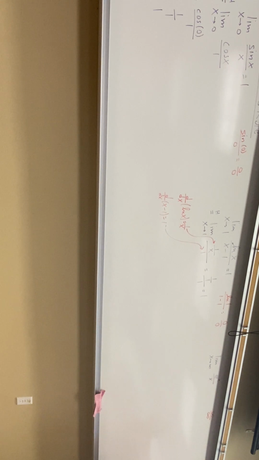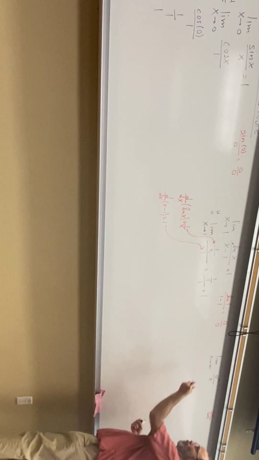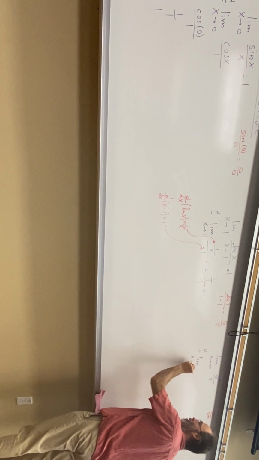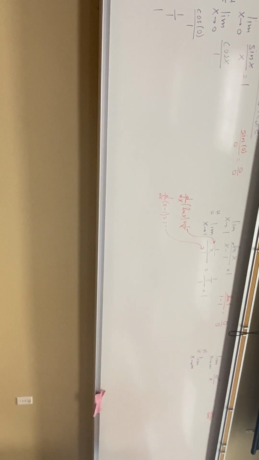So what are we going to do? We apply L'Hopital's rule. Go ahead and do that. Take the derivative of the top, the derivative of the bottom, and then take the limit from there and see what you get. The infinity on the top I get, because e to the x goes to infinity.